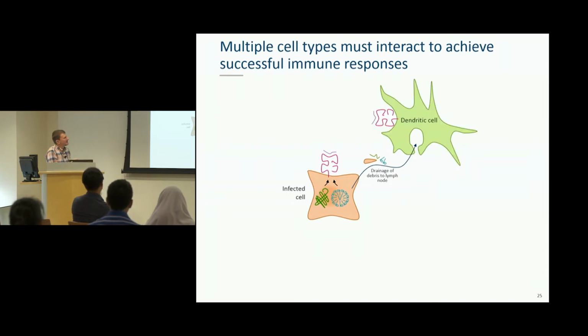In the lymph node, you have dendritic cells, which are a class of immune cells, and they are taking up these antigens, and they're doing two things. First, they are presenting them, and here we're cross-presenting on MHC Class I, and also the dendritic cell is looking for additional signs that there's a problem. So let's say that there is viral RNA present.